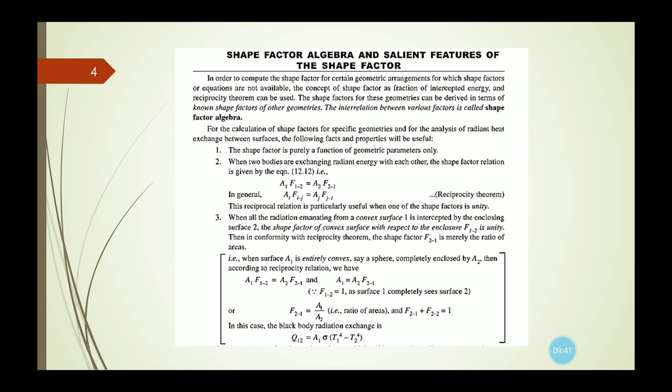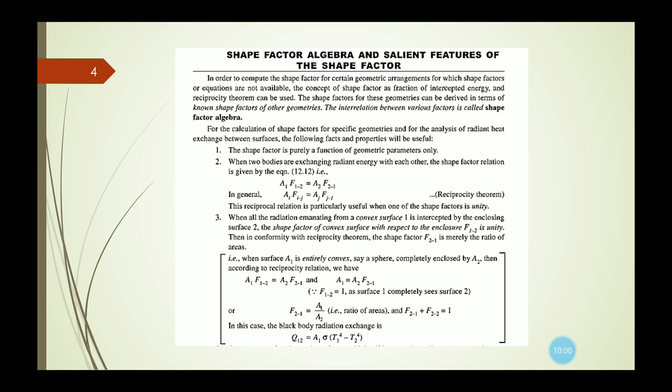Now F12 equals 1 because surface 1 is completely surrounded by surface 2. That means none of the radiant energy goes back to surface 1. So in that case F12 will be 1.